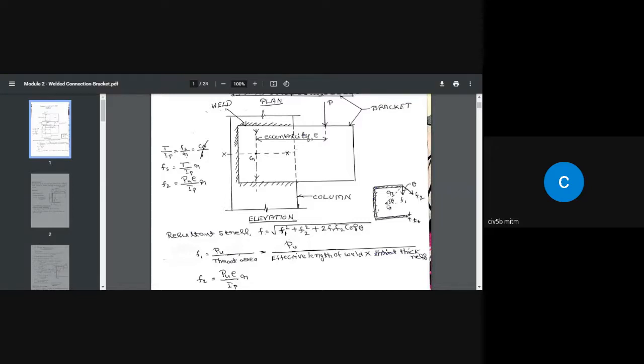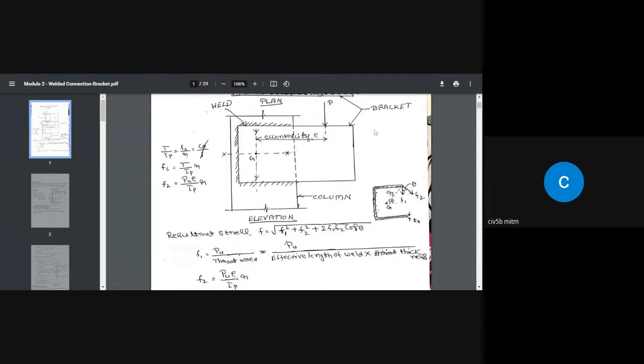See, if you remember the SOM subject, torsion. If you consider a circular shaft and give a torque of certain magnitude, at the extreme edge, or at the largest distance from the centroid of the area of the circle, you get the maximum shear stress, and the direction of the shear stress is going to be tangential to the circle, if you remember.